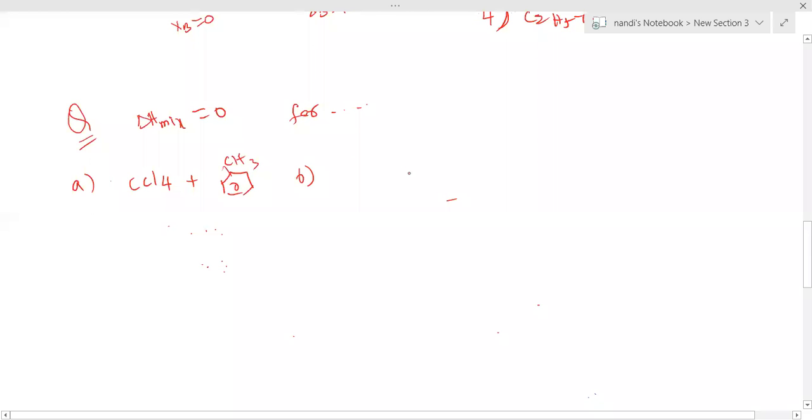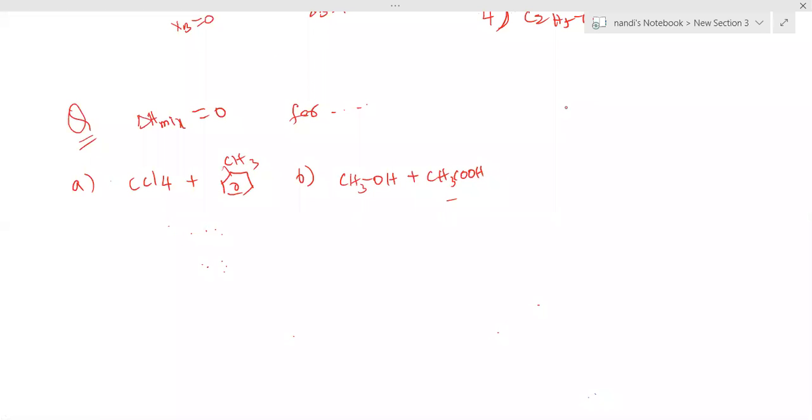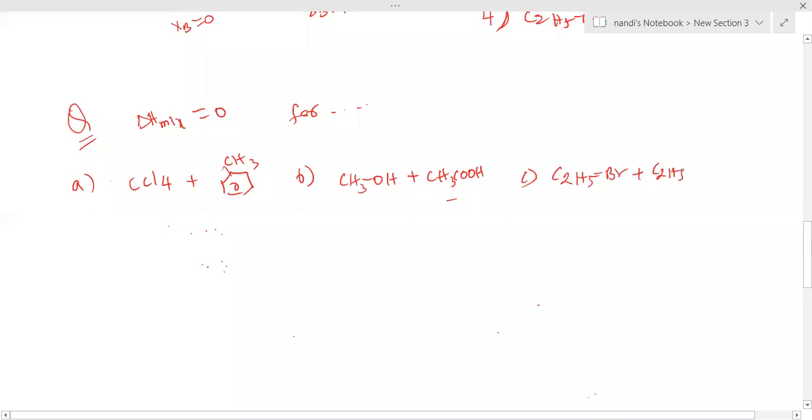Option B, option C. Fine, which option is matching?